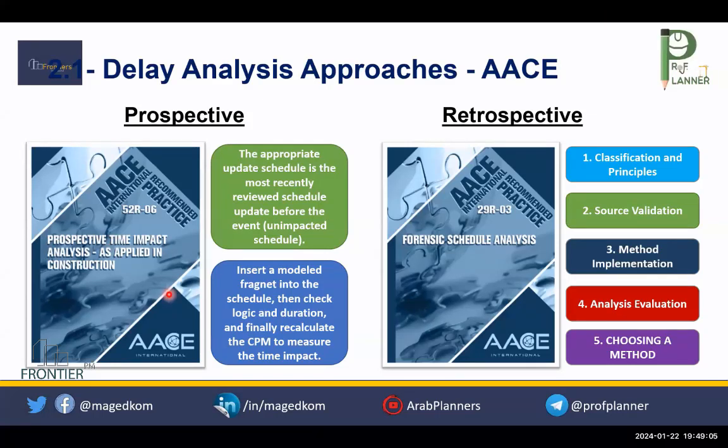Exactly. In time impact analysis you need to track the delayed activities and check if it is going to affect the project finishing date. So you directly go to the prospective time impact analysis and implement the 8 steps as per the AACE recommended practice 52R-06. Okay, thank you very much.